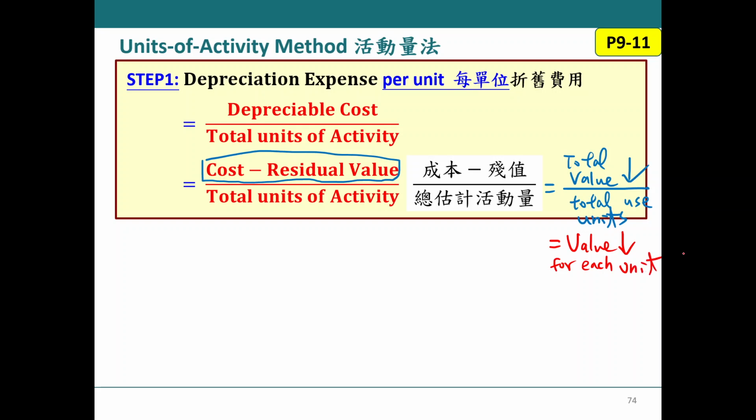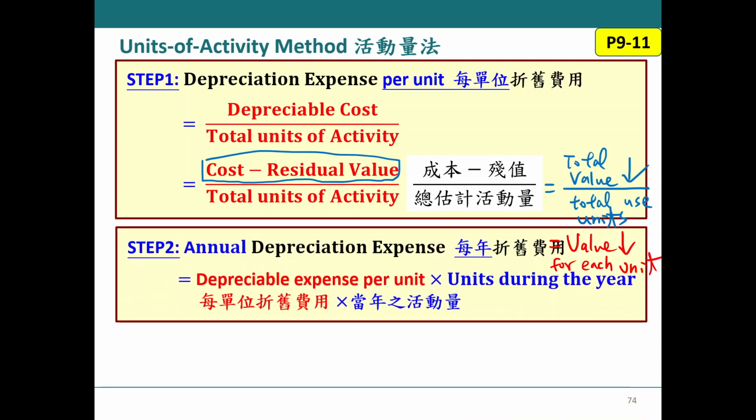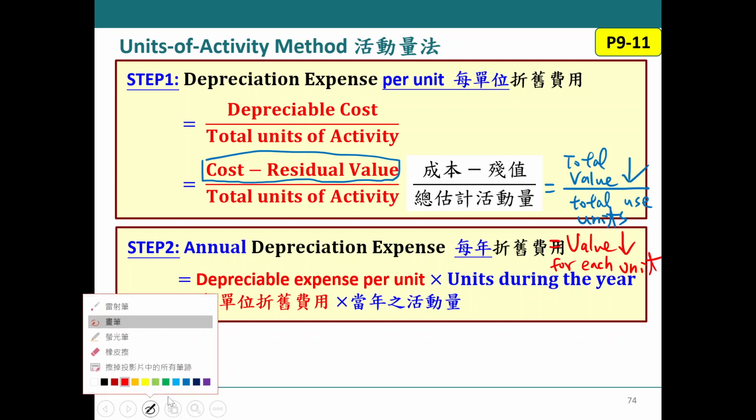Okay? So that's what we talk about. Depreciation expense per unit. 每单位折旧费用. After you got the value decrease for each unit, then could you know the total amount for each year? Yes, depends on how many units you use, right? So we will times that by how many units they used this year.